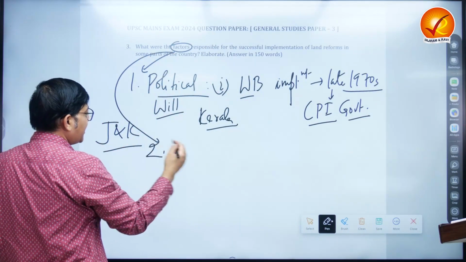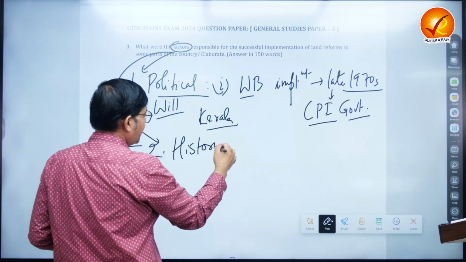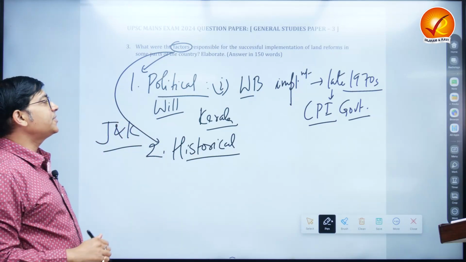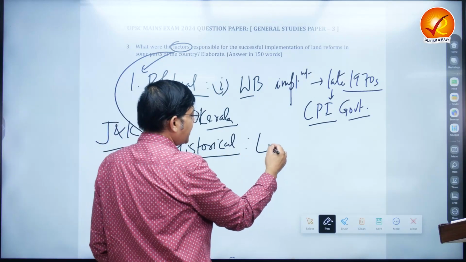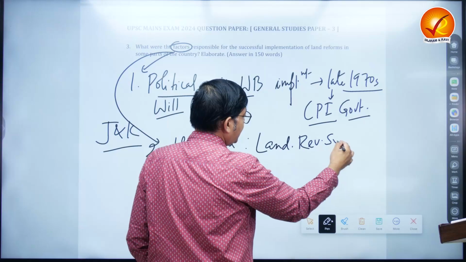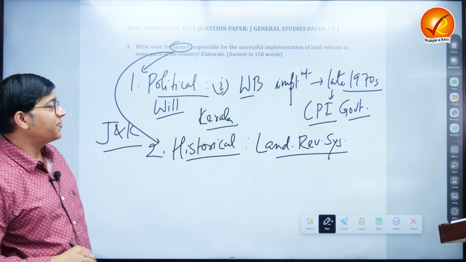Another factor that you can add here is historical. History has a big role actually to play in the success or failure of land reforms, in the sense that the land revenue systems that were there under the British rule mattered for how successful or not the land reforms will be.